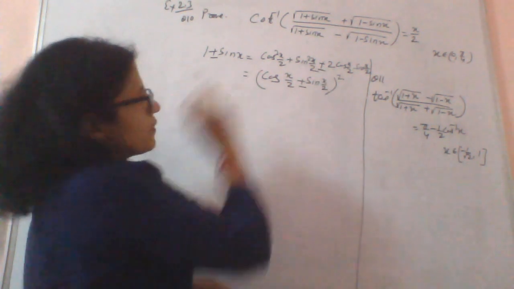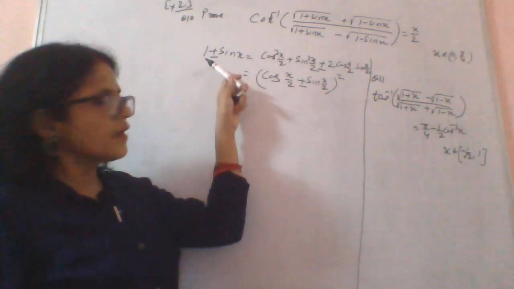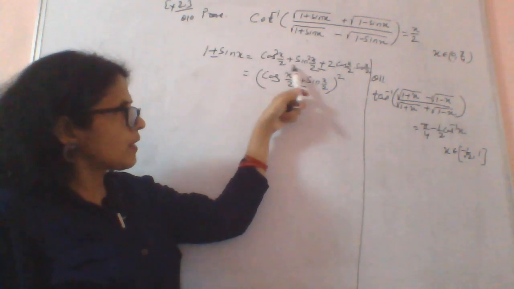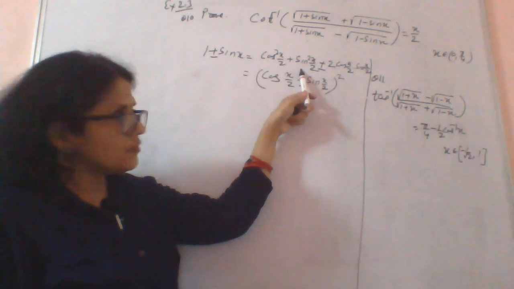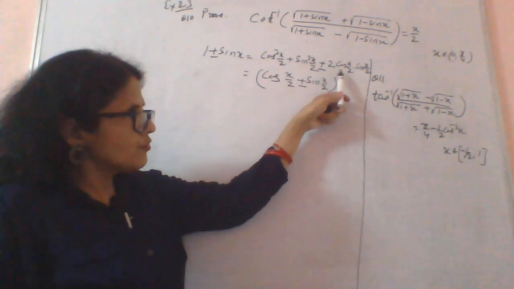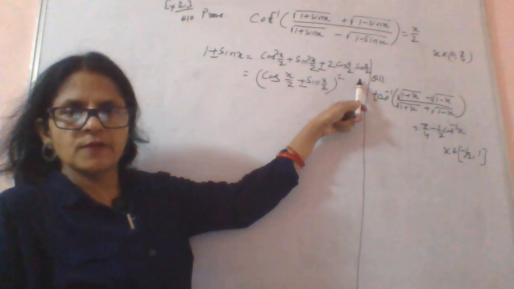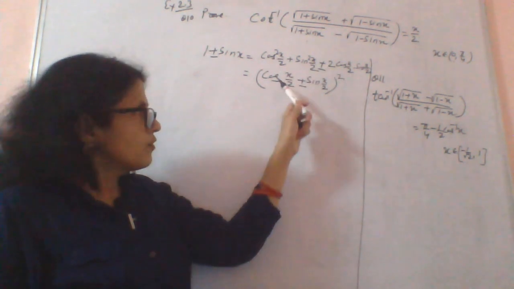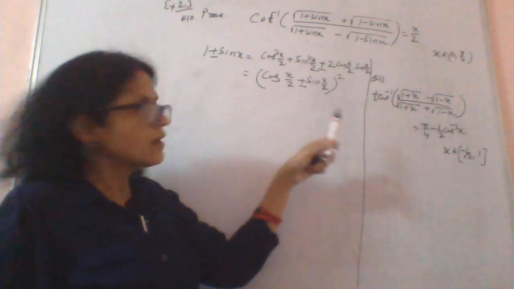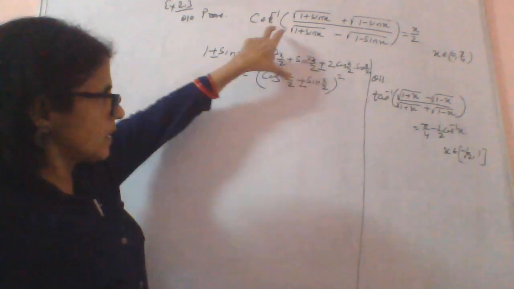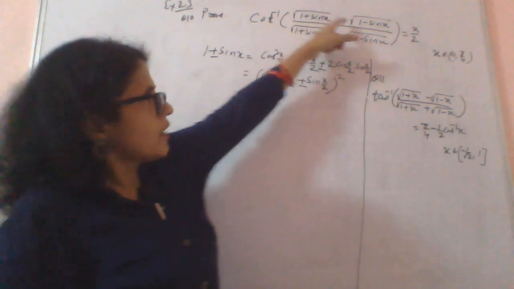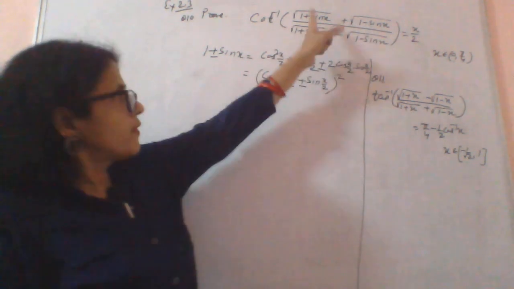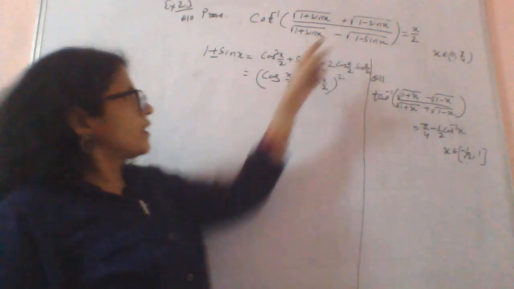So in case you have 1 minus sin x, it would be cos square x by 2 plus sin square x by 2 minus 2 cos x by 2 into sin x by 2, meaning a square plus b square minus 2ab, which is a minus b whole square, right? So by simply writing this, we can cover these four terms. Okay, numerator 2 terms, denominator 2 terms.